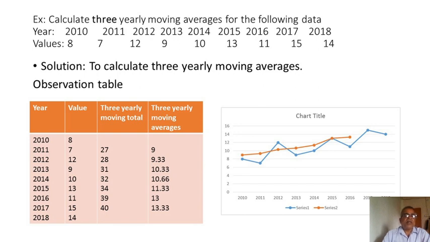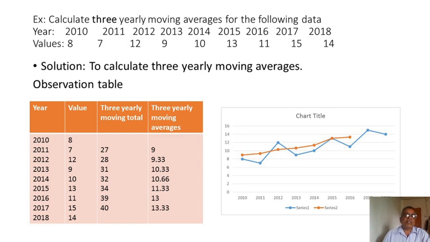So to calculate 3 yearly moving averages, we construct two columns, year and values, and write these figures. Now the third column we prepare as the 3 yearly moving total. So take the sum of these three values, 8 plus 7 plus 12, it is 27, and it is placed at the middle year of the given period of time.